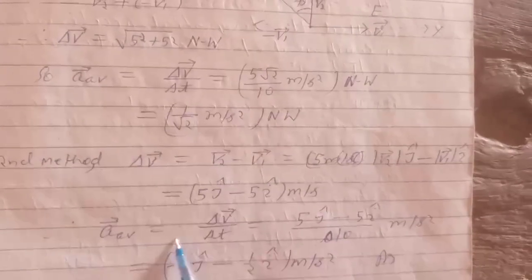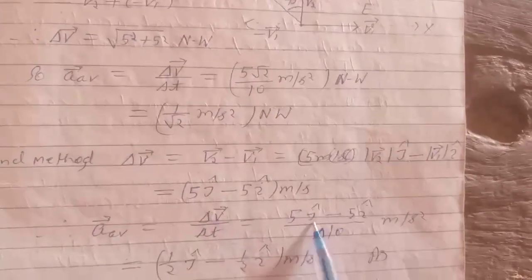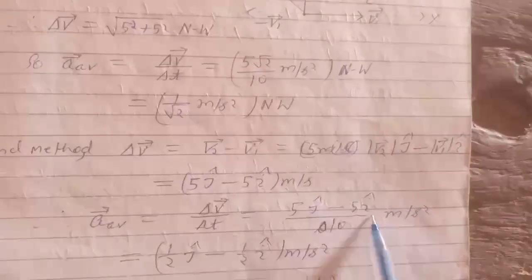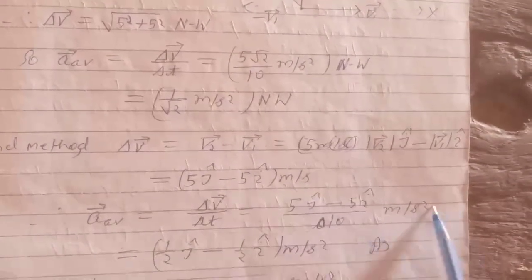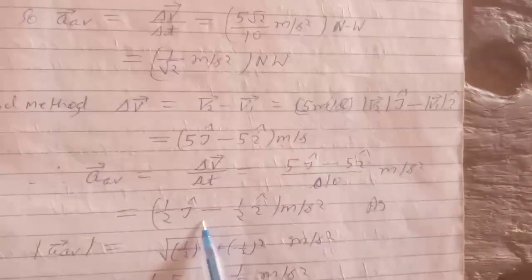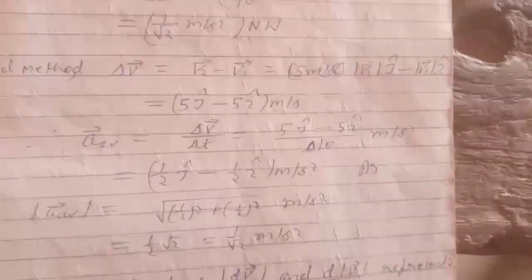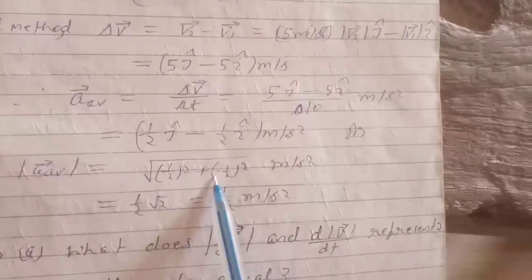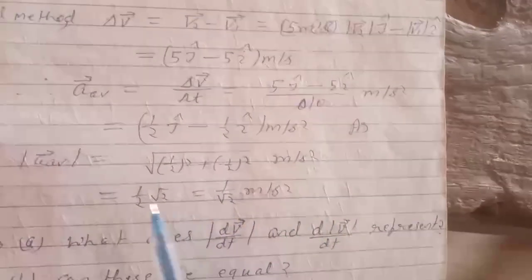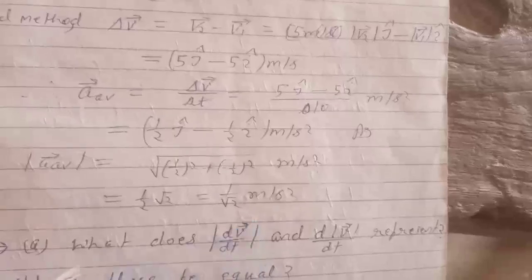Average acceleration is delta V by delta t, 5 j minus 5 i cap divided by 10, equals 1 by 2 j cap minus 1 by 2 i cap meter per second square. Answer. Now the magnitude of average acceleration will be under root of (1 by 2) square plus (1 by 2) square meter per second square, equals 1 by 2 root 2, equals 1 by root 2 meter per second square.